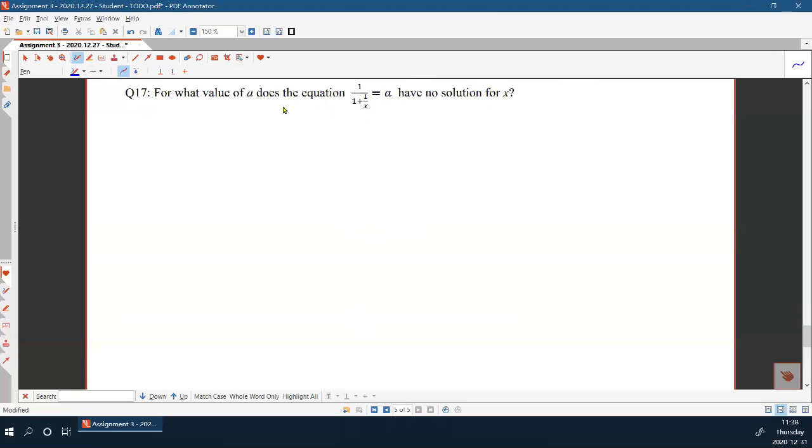If you want to discuss for what value of a the equation has no solution, it's better to solve the equation first, and then we can see what value of a can make the solutions not exist.